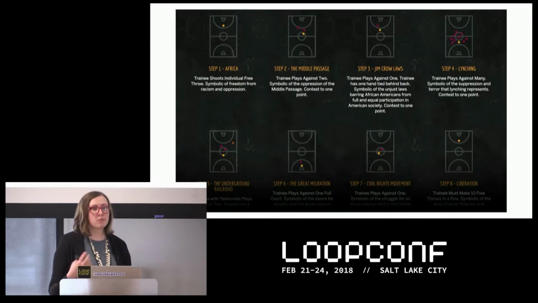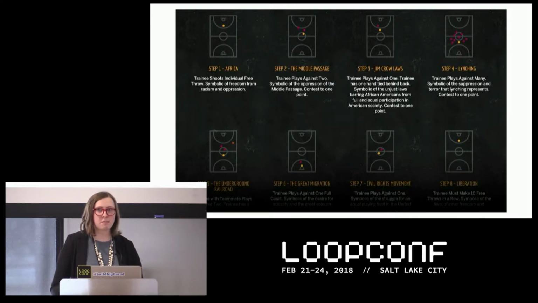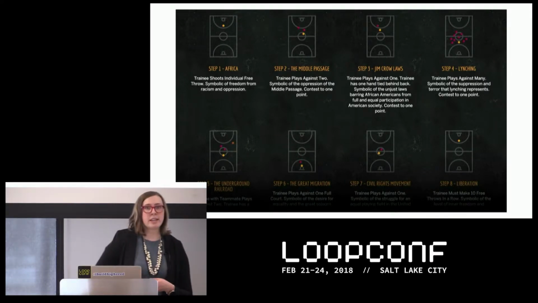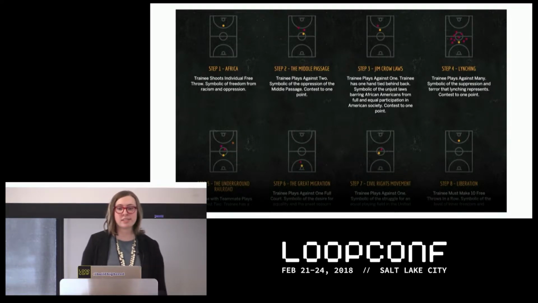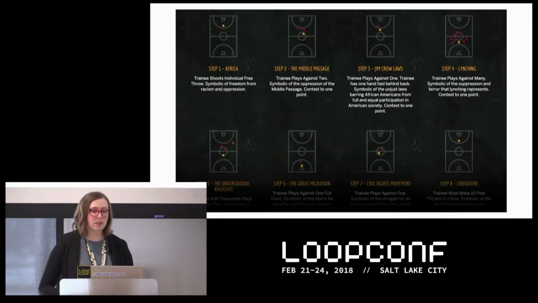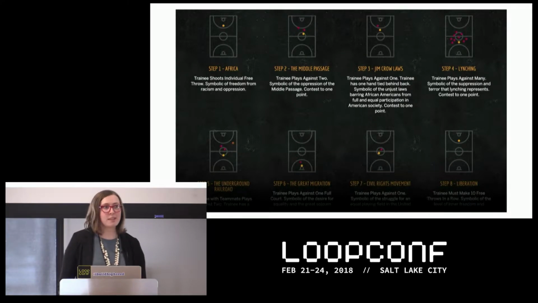So for example, step 3 is Jim Crow laws. And that's a one-on-one basketball game. So you have someone in front of you and you're directly playing against them, but you actually have one hand tied behind your back. And that's symbolic of the oppression and the unjust laws that barred African Americans from participating equally in society at that time. It's actually pretty amazing work. Even the physical slope has meaning in this.